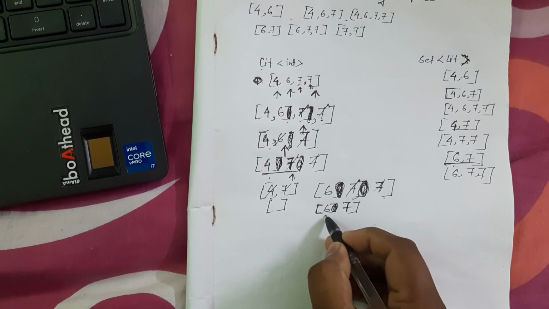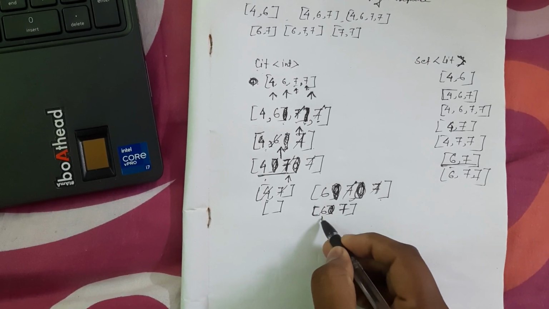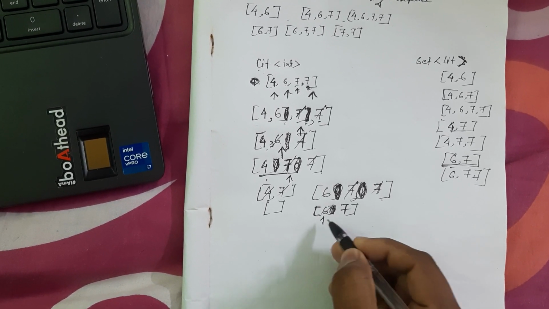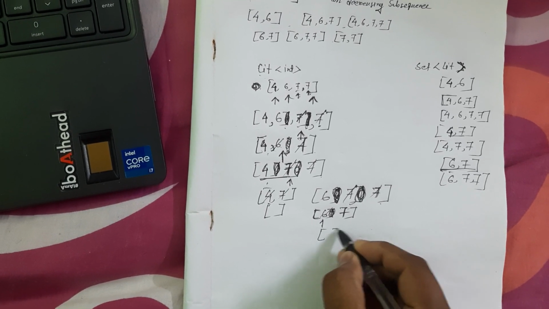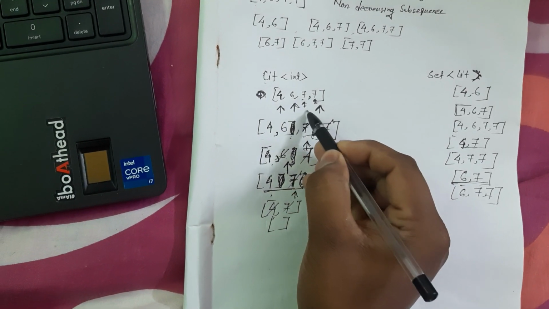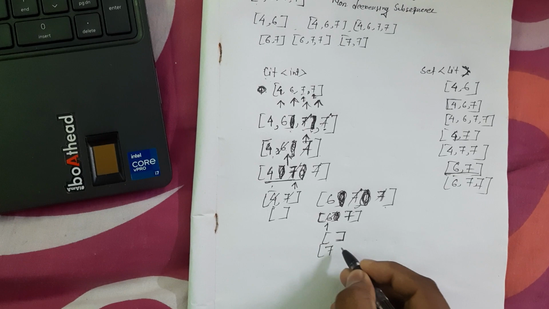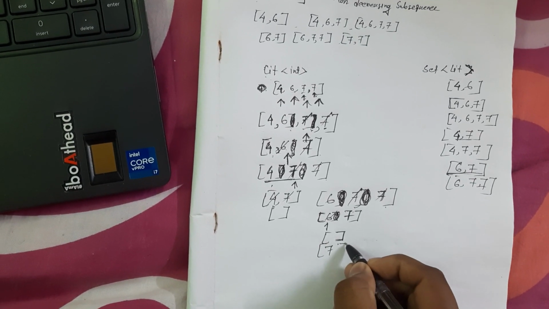We again came back to our previous index 6 and remove that. The list becomes empty again, and we move to the next index. The next index is 7, so we add the 7 to our list.